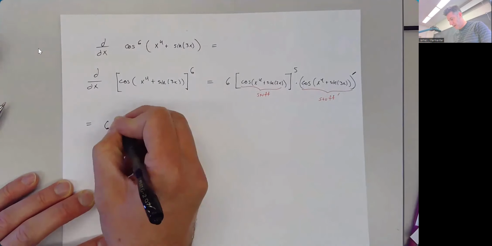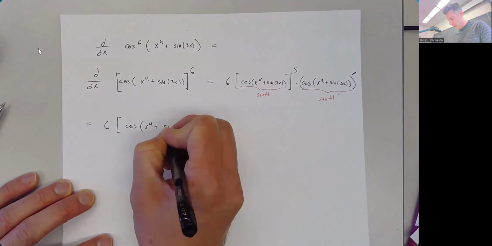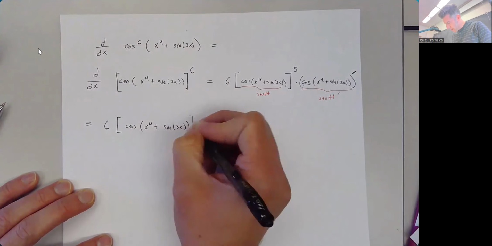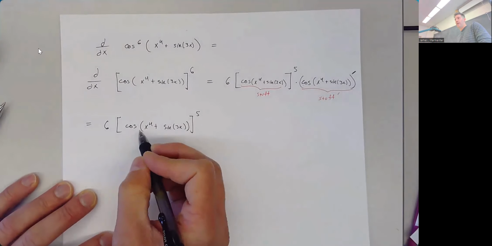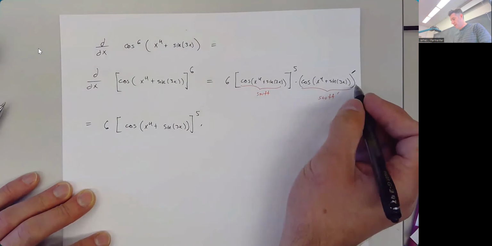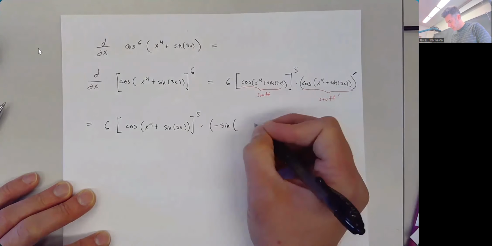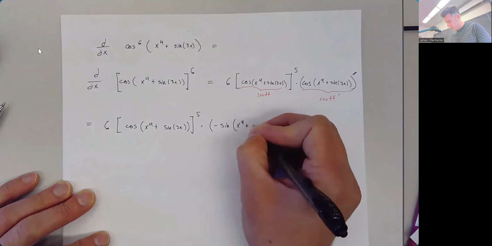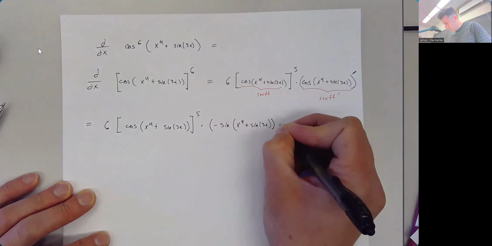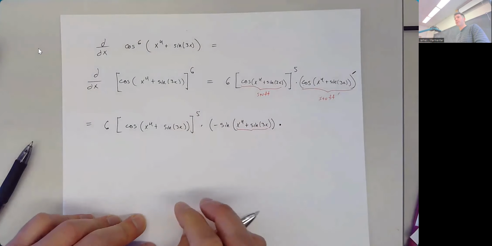So it's going to be 6 times cosine of x to the 4th plus sine of 3x to the 5th. I suppose I could have written that as cosine to the 5th, but I didn't. Times the derivative of cosine of some new stuff. So it's going to be negative sine of that same new stuff, x to the 4th plus sine of 3x. And then I have to multiply by the derivative of the new thing there.